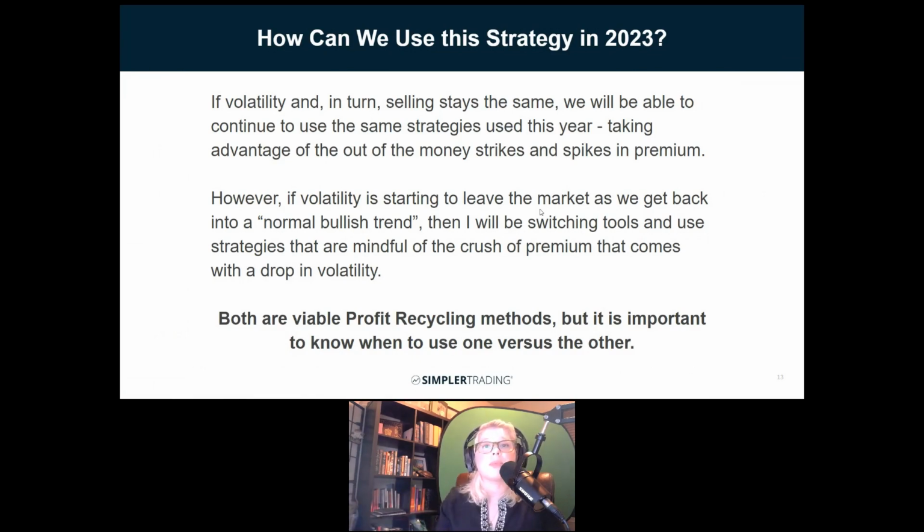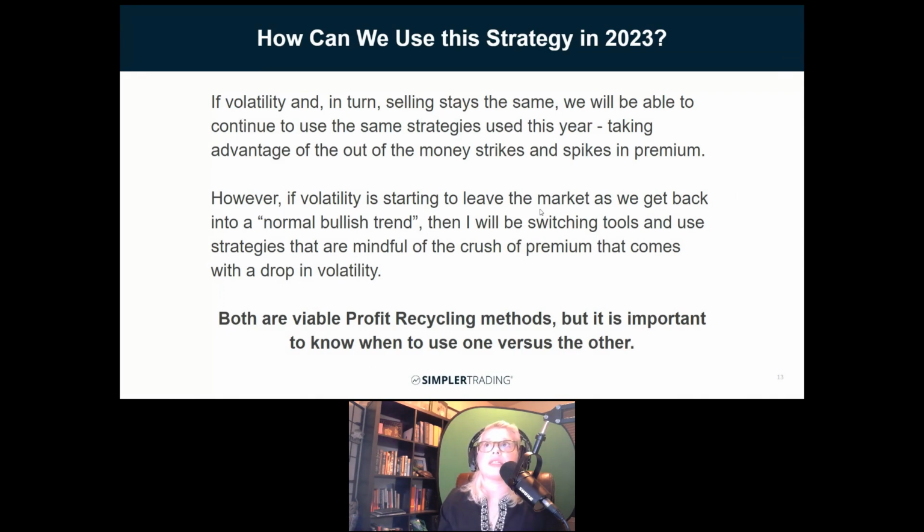But we know that the market is overall a bullish beast. So eventually, this volatility will more than likely start to creep back out of the market, and in turn, we will get back into a more traditional sense of a bullish run, like we have experienced the majority of the time in our trading past.